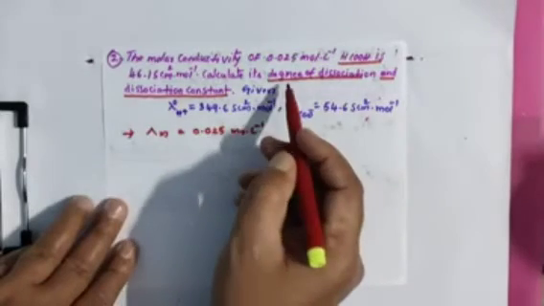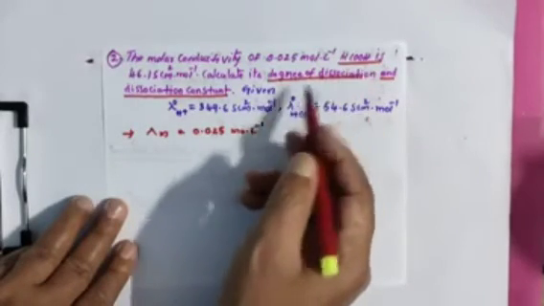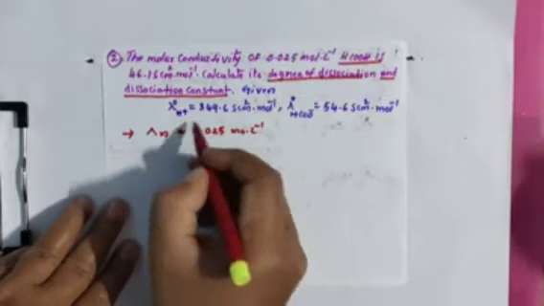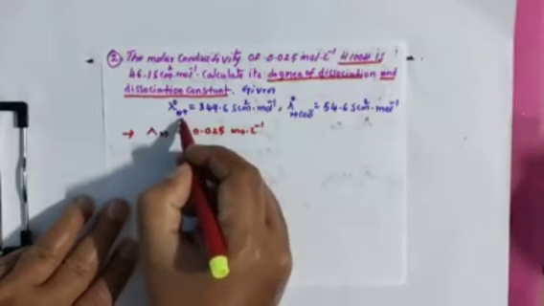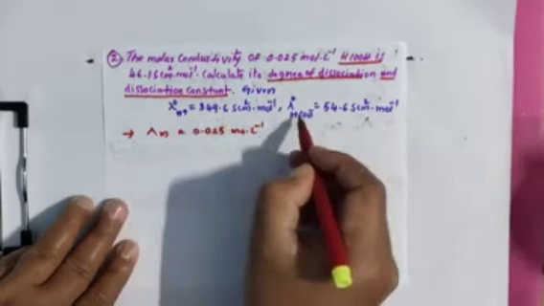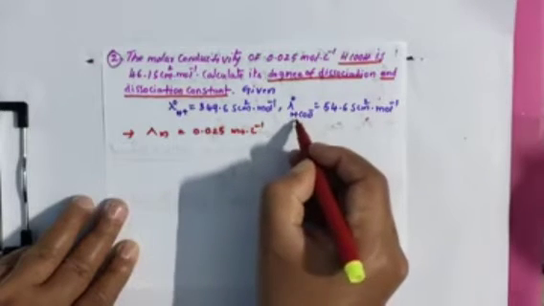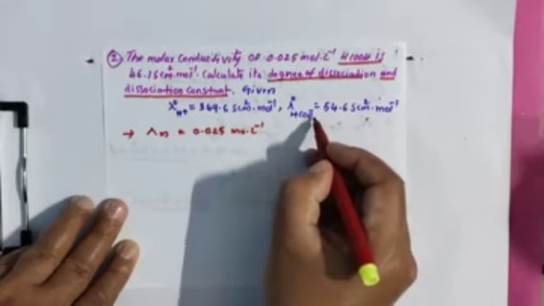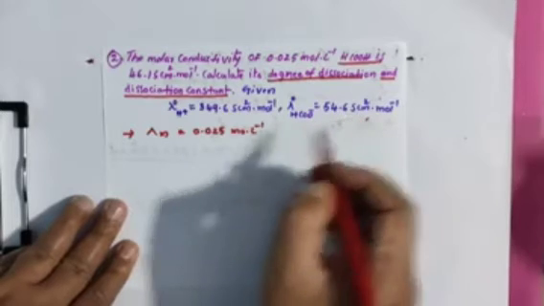And another given that Λ⁰ of H plus value and Λ⁰ of HCOO minus, the formate ion value, are given.